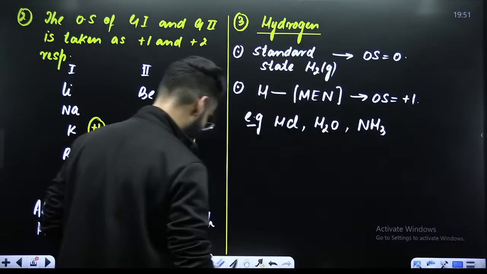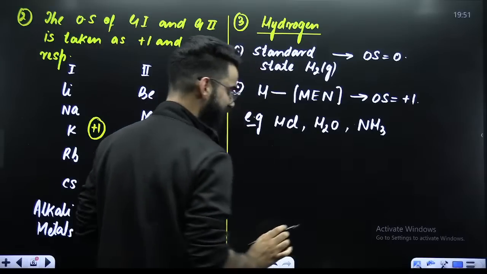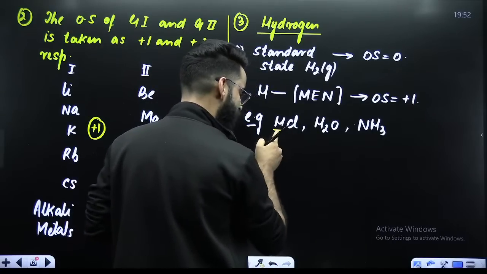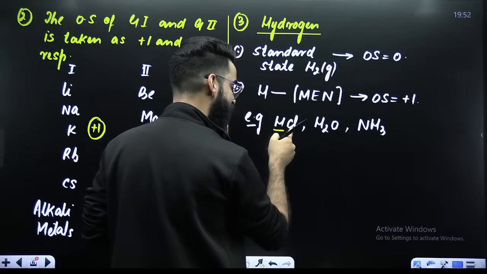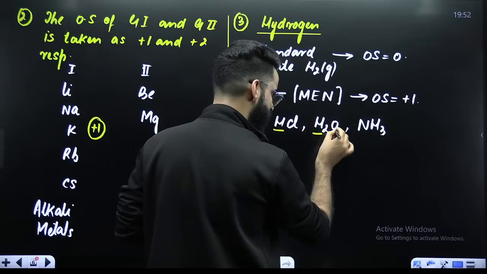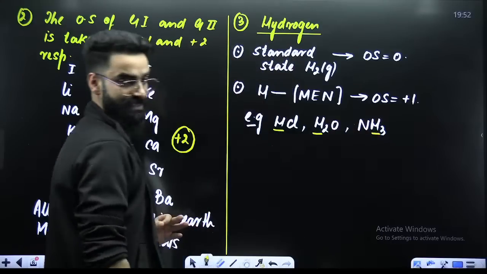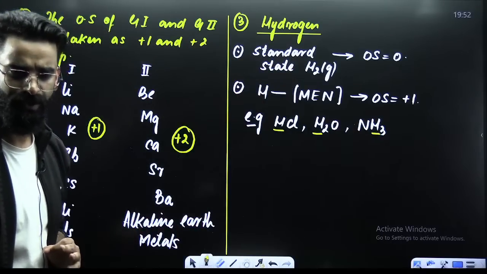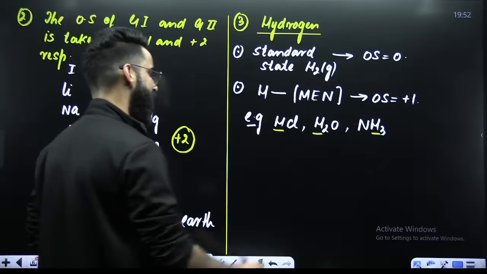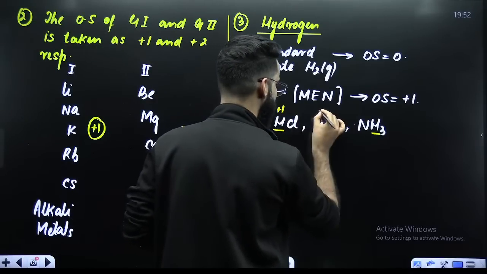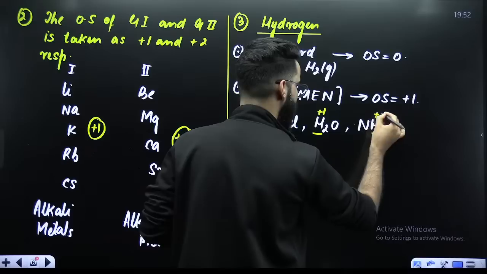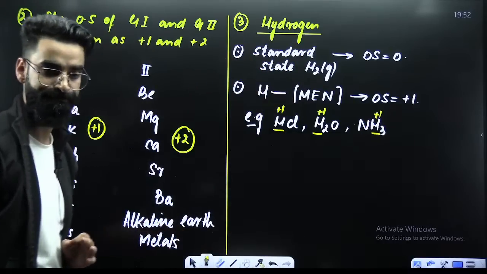In all these three cases, is hydrogen attached to a more electronegative element than itself? Yes, yes, yes. And whenever hydrogen is attached to a more electronegative element than itself, its oxidation state is taken as +1. So the oxidation state of hydrogen everywhere here is going to be +1.